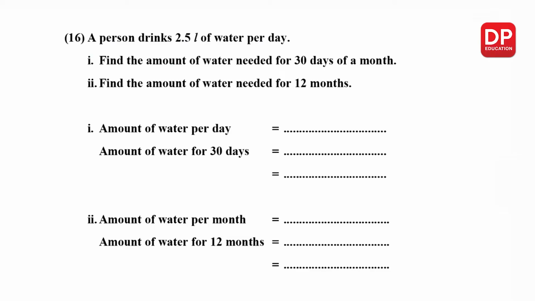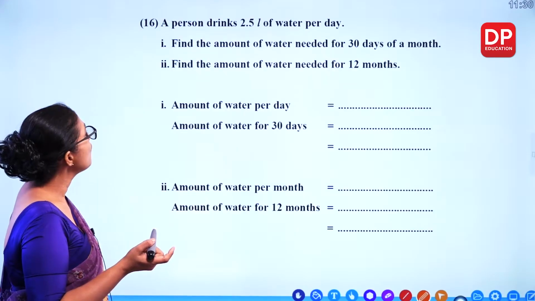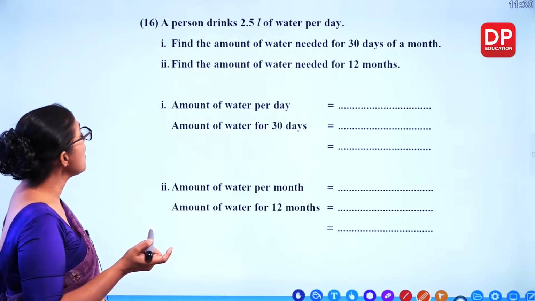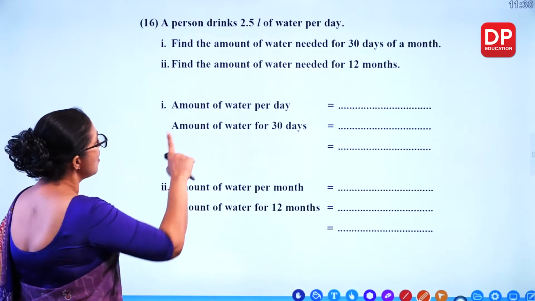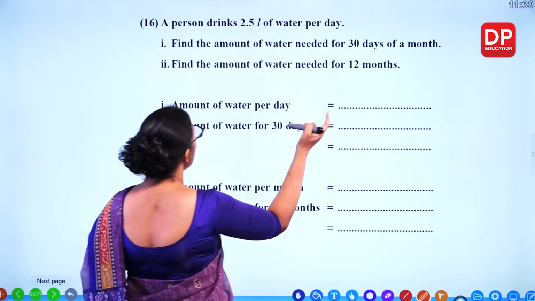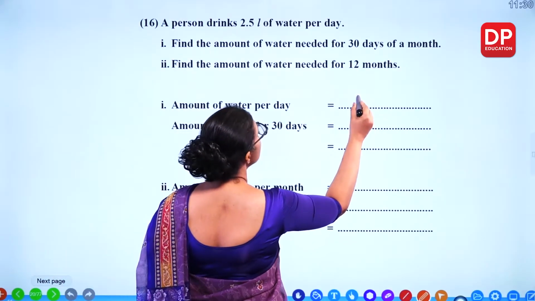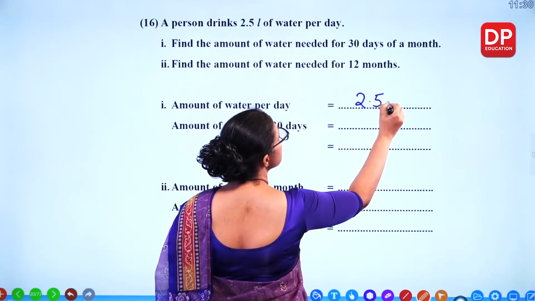A person drinks 2.5 liters of water per day. Find the amount of water needed for 30 days of a month and find the amount of water needed for 12 months. So first part, per day, the amount of water required is 2.5 liters.